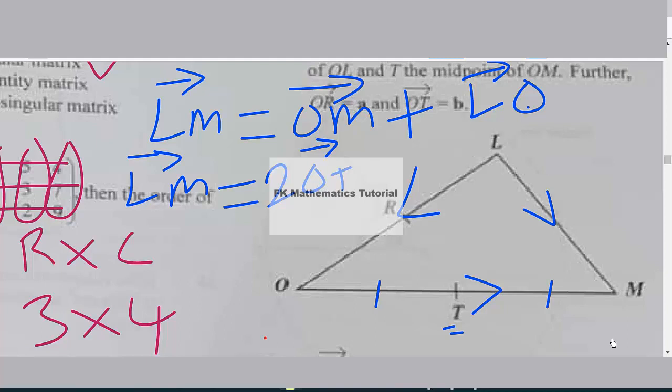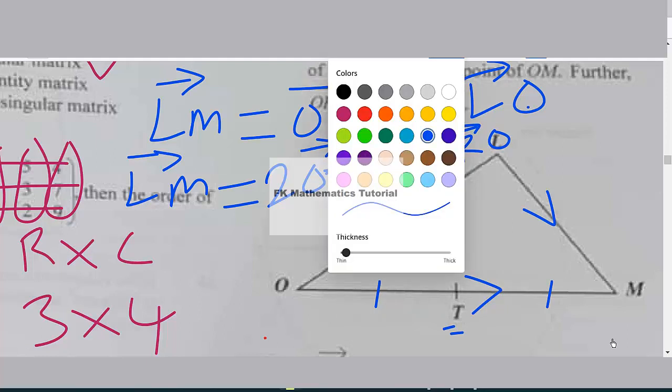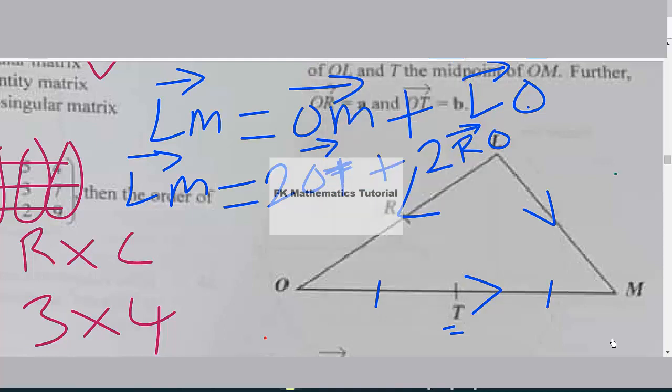Then LO is also 2 times OT, then this is also plus 2 times vector RO. Let me change this thing again. We know that RO is a negative of OR.